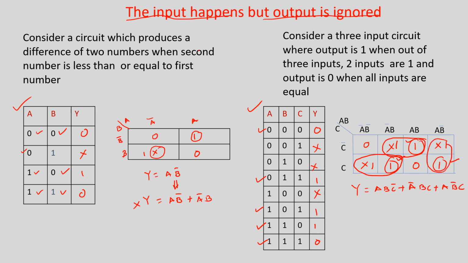So the answer now for this pair is B C bar, for this pair it is A B bar, and for this pair it is A bar C. Now this answer is definitely getting reduced. So all the don't care conditions are used here. This is the concept of don't care condition.